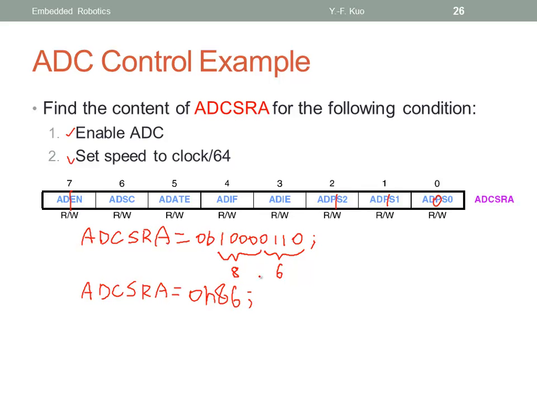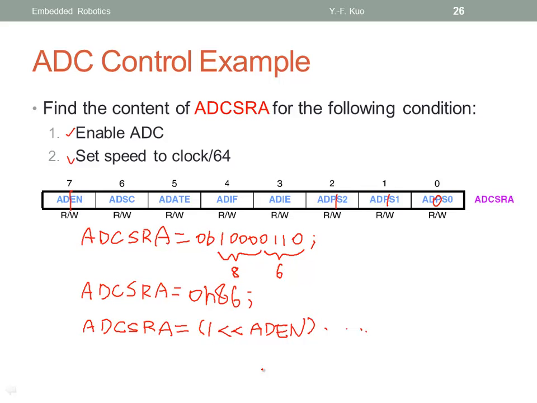Okay? And you can always do this. But in a program, you will see this a lot. Most of the time, we write ADCSRA is equal to 1 double arrow ADEN.